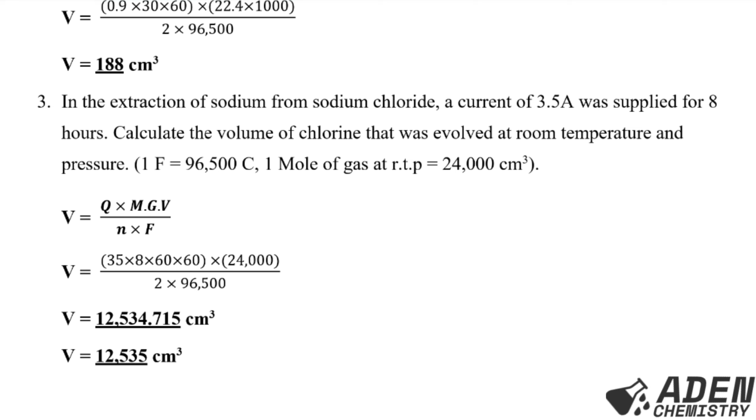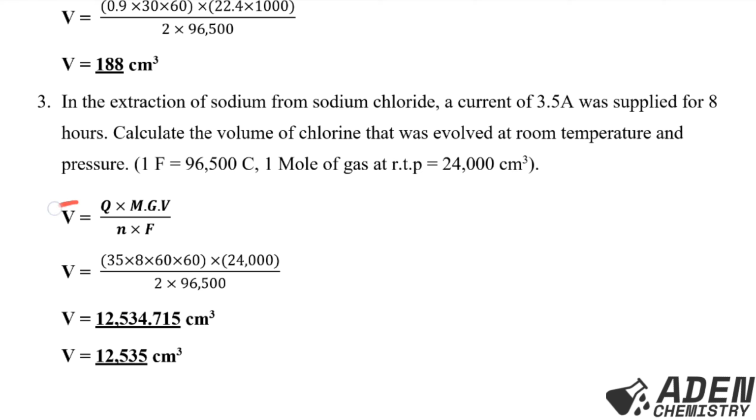Question number 3. We are told in the extraction of sodium from sodium chloride, a current of 3.4 ampere was supplied for 8 hours. Then we are asked to calculate the volume of chlorine that was evolved at room temperature and pressure. 1 Faraday is equal to 96,500 coulombs, and 1 mole of gas at room temperature and pressure, RTP, is equal to 24,000 centimeter cube.